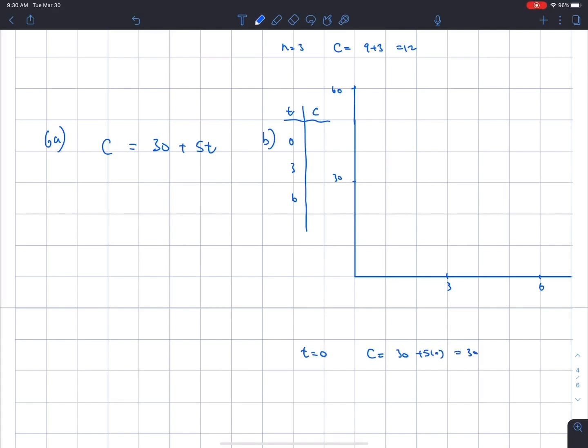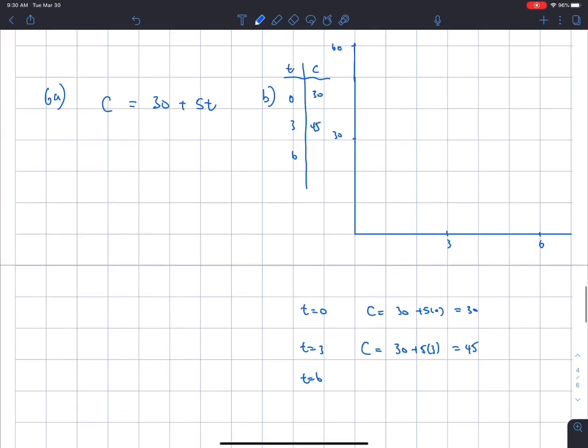So I get C equals 30. When T equals 3, C equals 30 plus 5 times 3, and we get 45. And finally, when T equals 6, C equals 30 plus 5 times 6, and we get 60. So 0 and 30, 3 and 45, and 6 and 60.